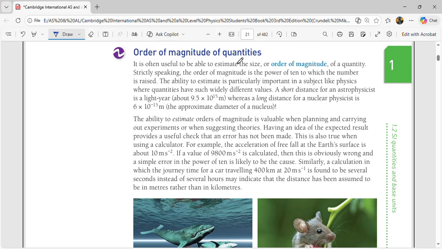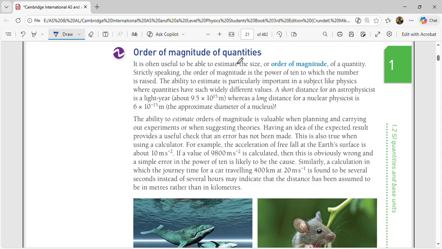A physicist must possess the ability to estimate orders of magnitude, because they help sometimes in practicals, in planning and analysis, when we are carrying out experiments in labs, for example at A-level.